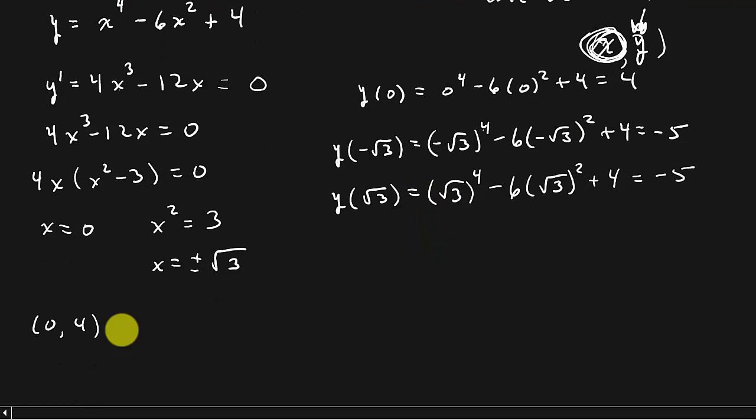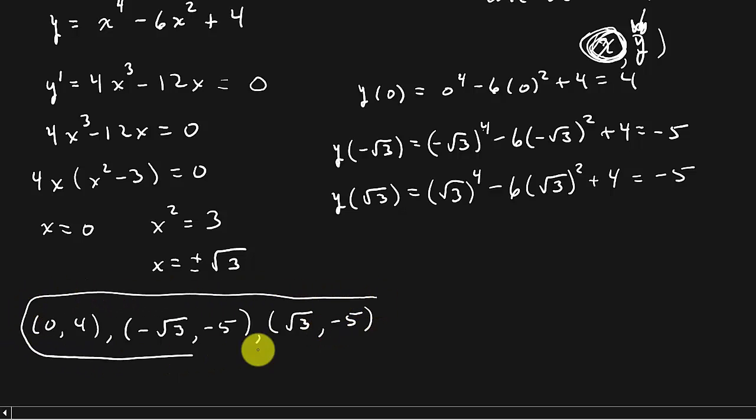And so my other points are negative square root of 3, negative 5, and square root of 3, negative 5. And so there are the points where the tangent line is horizontal.